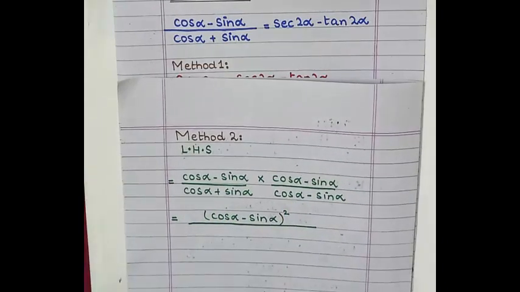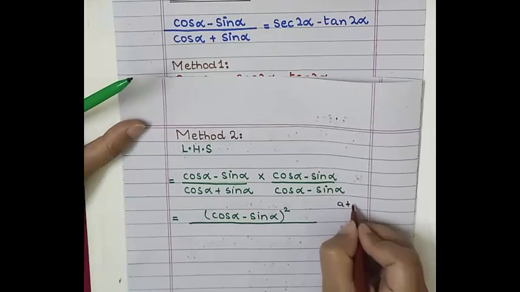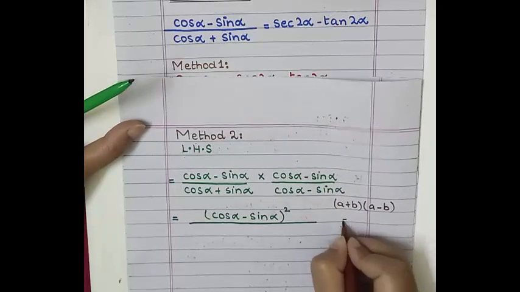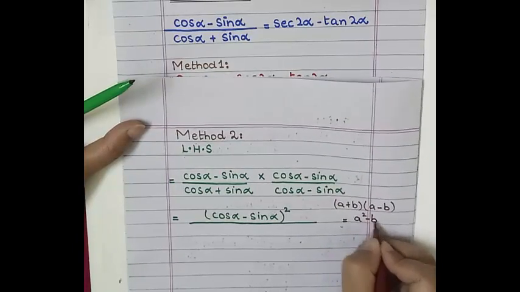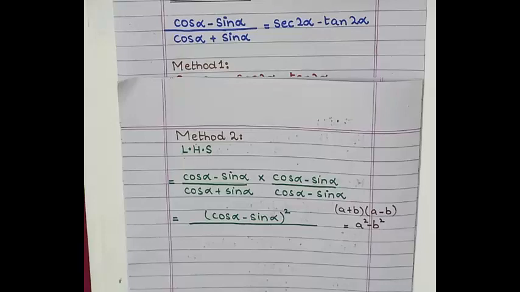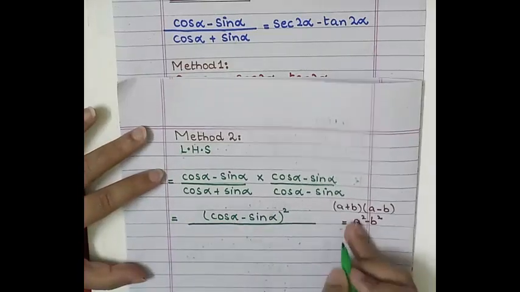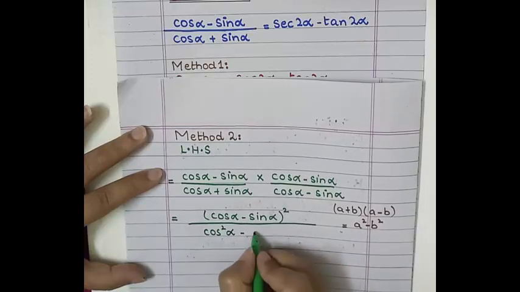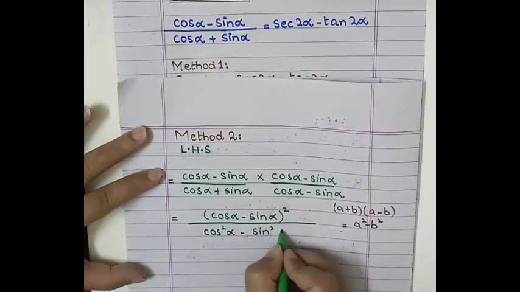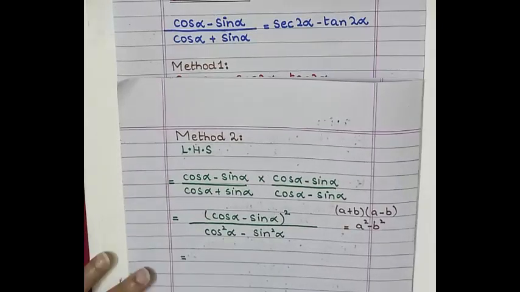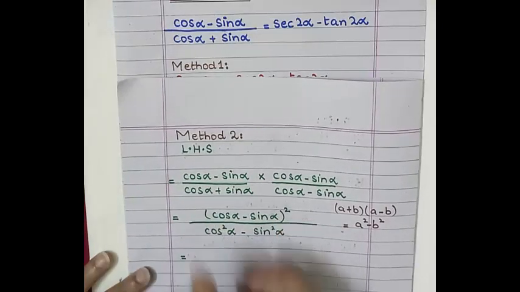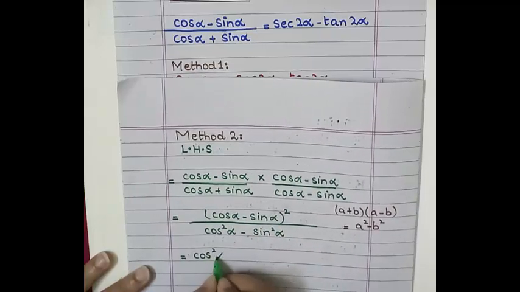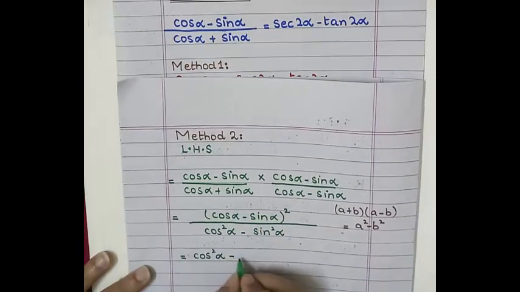It means this is a plus b into a minus b, which is equal to a square minus b square. So writing the term in the form of a square minus b square, we have cos square alpha minus sin square alpha.